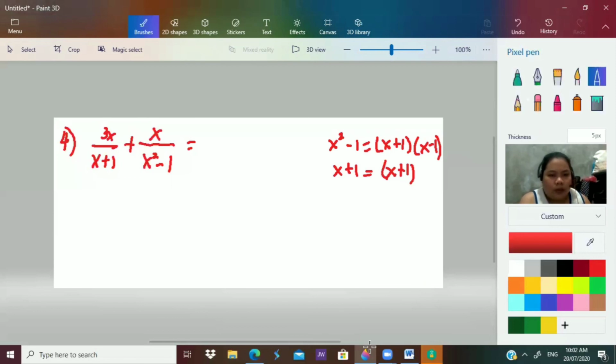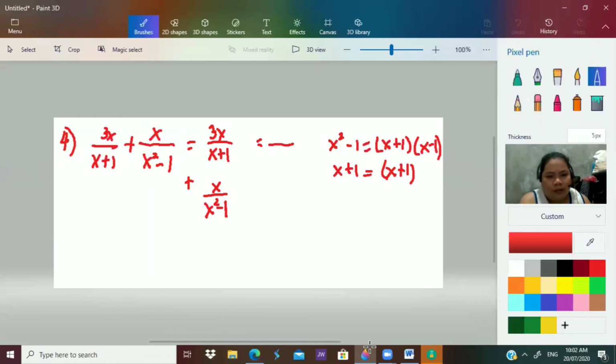Ngayon, ang sabi natin kanina, para maging similar fractions, kailangan parehas ng denominator. So, kailangan meron tayong multiplier na maglilid sa kanila para maging similar ang denominators. Yan, plus natin. Okay.